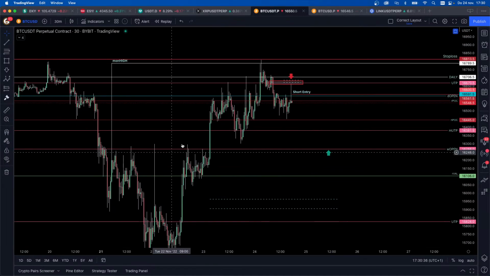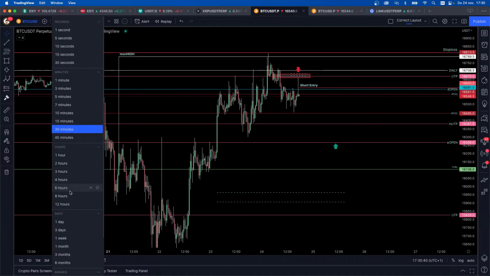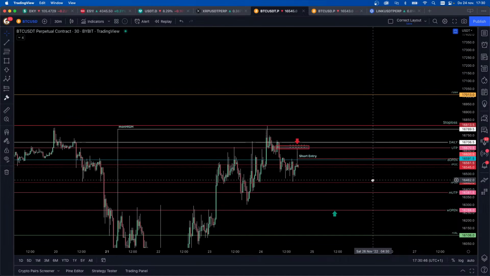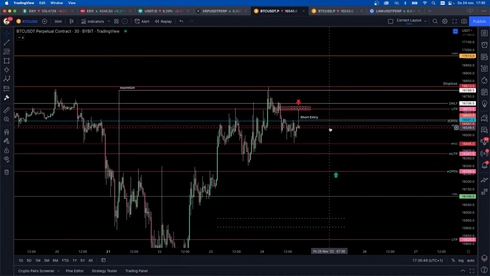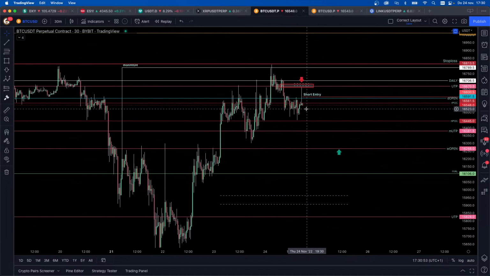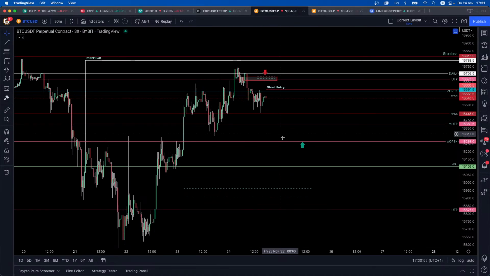So each trade is different. You have different levels, different naked point of controls from previous days. That's why you just need all your important levels on your chart, just to know where price could come back into.